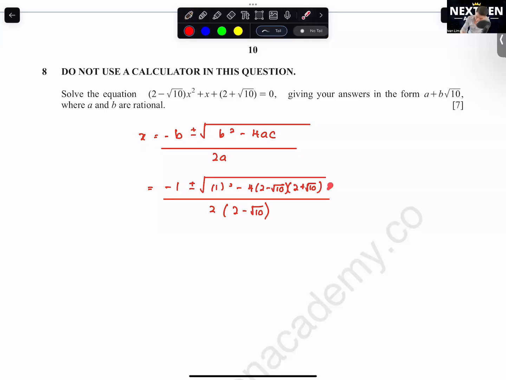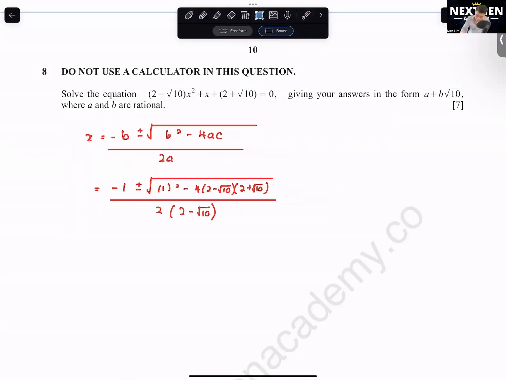I'm going to write this down on the slide somewhere first, because we'll be using this quite a bit. What is 2 minus sec10 times 2 plus sec10? A minus B times A plus B, so it's A squared minus B squared. 4 minus 10, which equals minus 6.